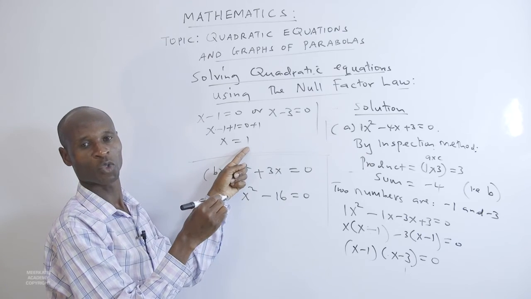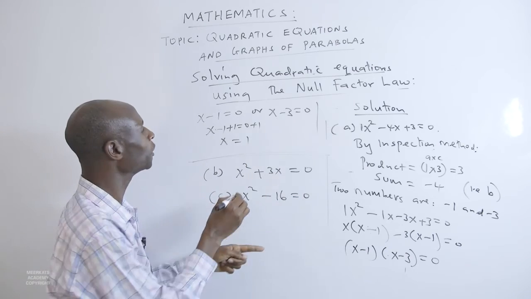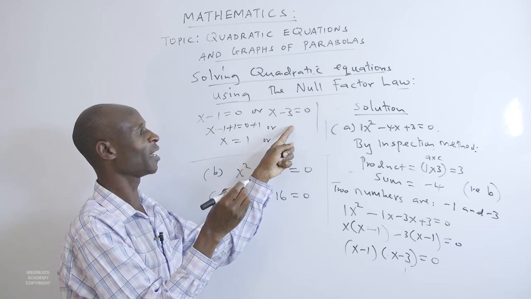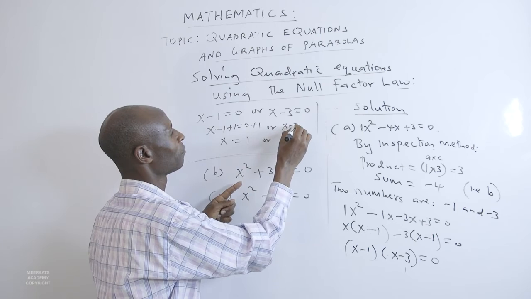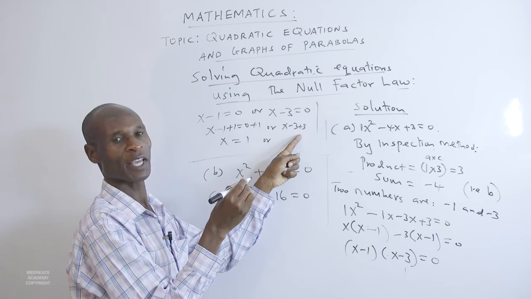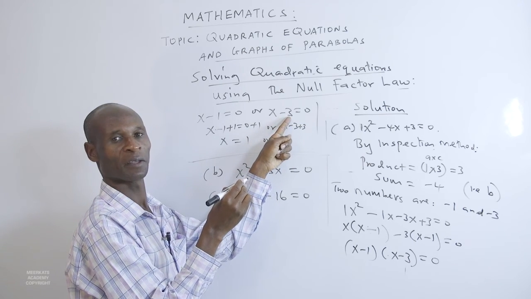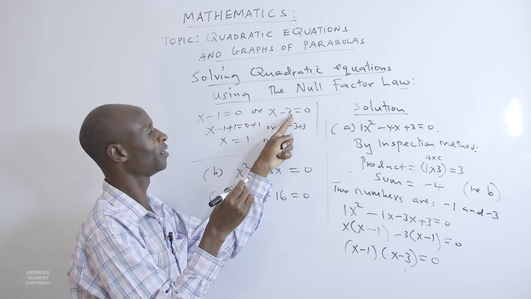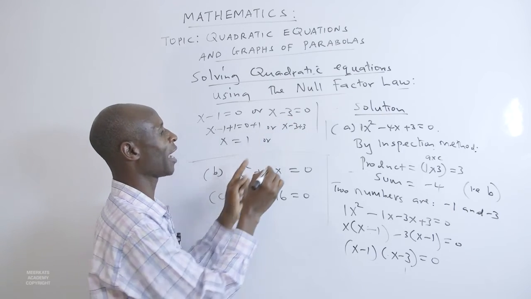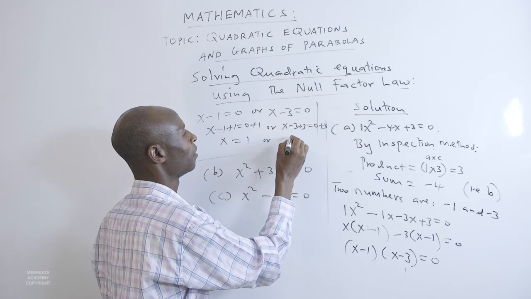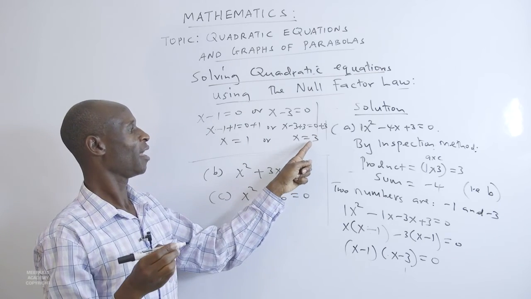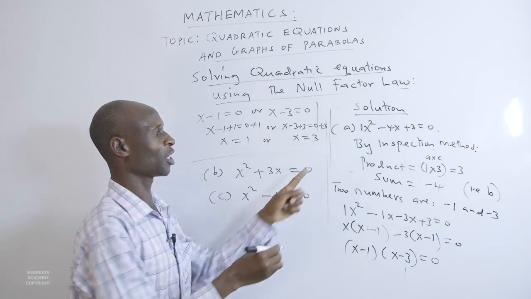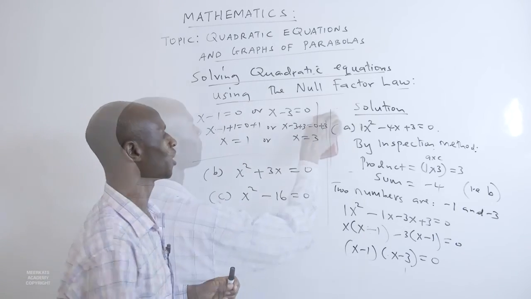So we shall have x is equal to 1 as the first solution. Or, using the second linear factor, x minus 3 will be 0. You add 3 on both sides because we have x minus 3. The constant term is minus, so to collect it on the right-hand side, we now add 3 on both sides. So on the left-hand side, we shall have x. On the right-hand side, we have what? We shall have 0 plus 3, which is 3.